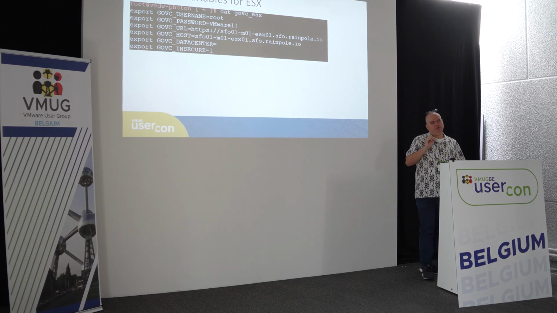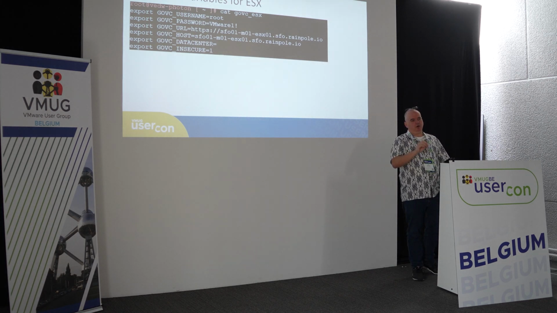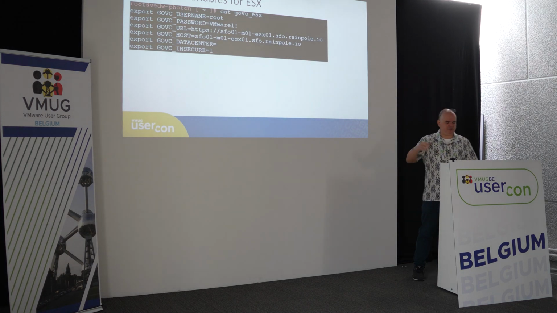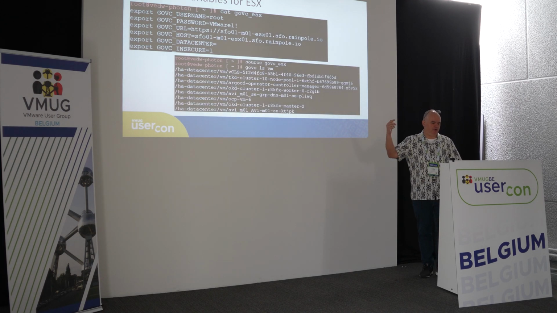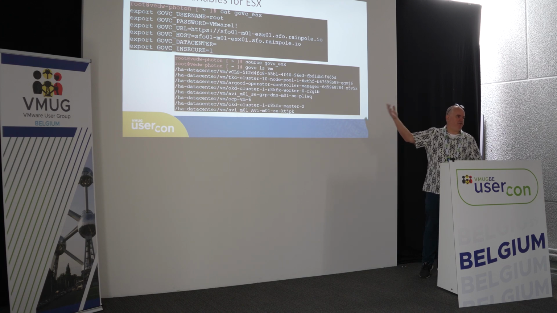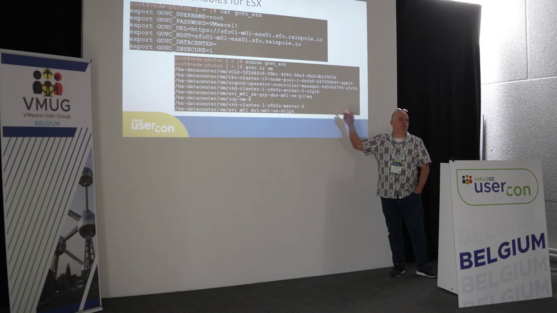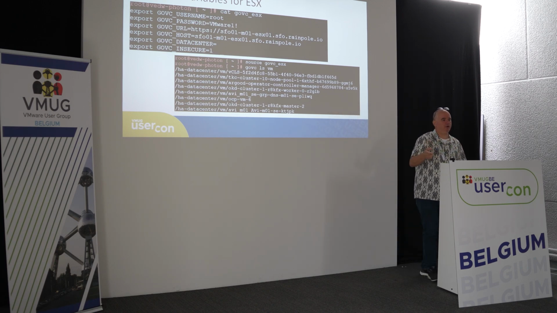You can use it to interact directly with an ESXi host as well. Same thing, just that the username would be root or some other user that you've defined. You source that, and then again govc ls. In this case I specified the VM path because I just want to see the VMs. In that case, I would only see the VMs running on that host, not on the other hosts that are part of the cluster, right?